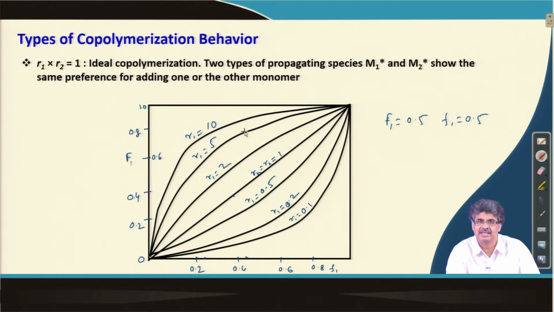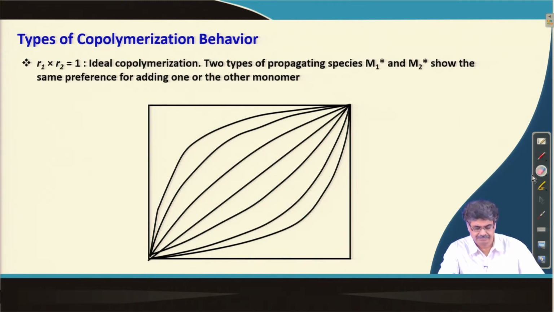As a result, later on the polymer chains will have more M2 in the copolymer chain. As a result, there will be a difference in composition of the copolymers produced at the beginning of the polymerization, in the middle of the polymerization, and at the end of the polymerization. So, we will have a composition drift in this case if we have different reactivity of the monomers.